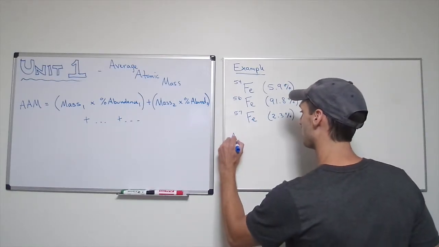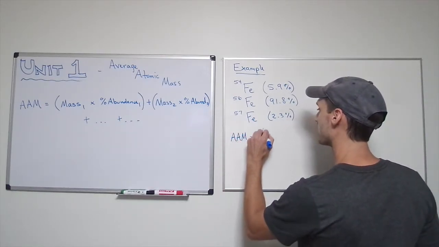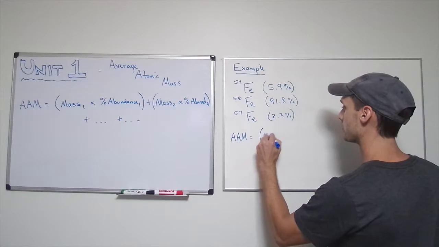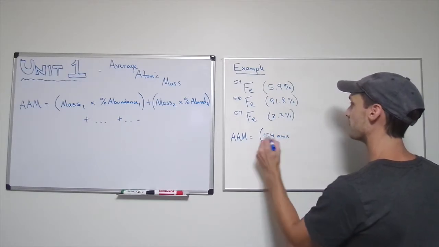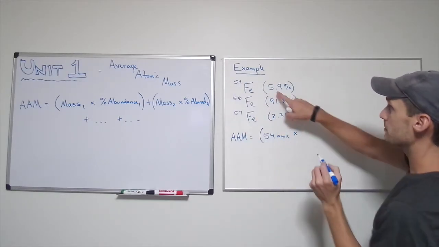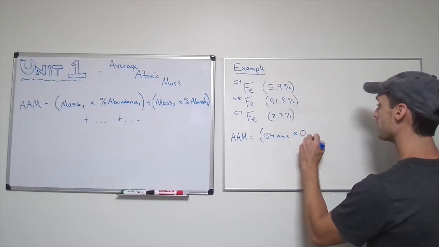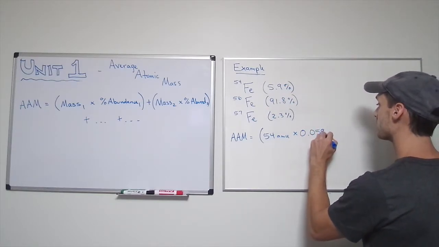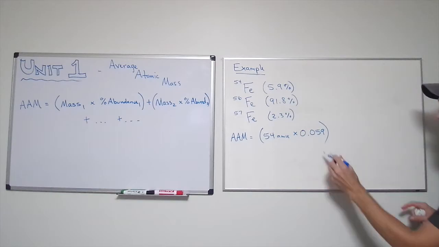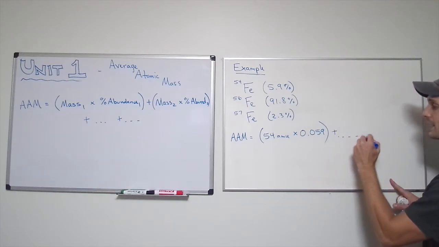Okay, so we'll plug in all of our numbers. I'm just going to show the first one for the sake of time, but it's 54 AMU times this percent abundance in decimal form, right? So 0.059, and then you'll just keep adding them up.